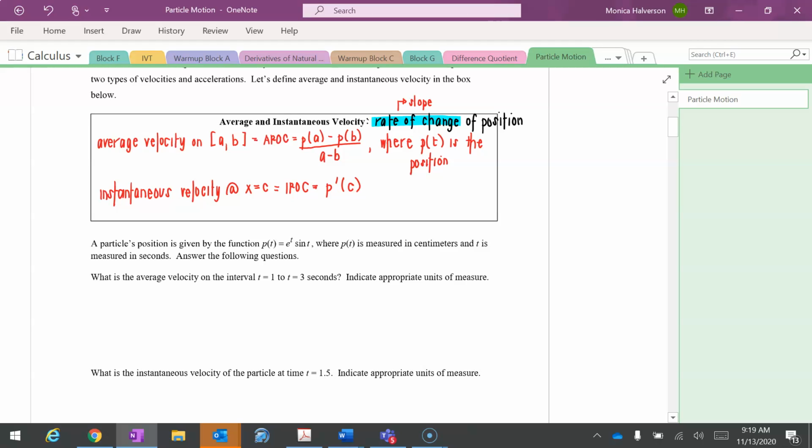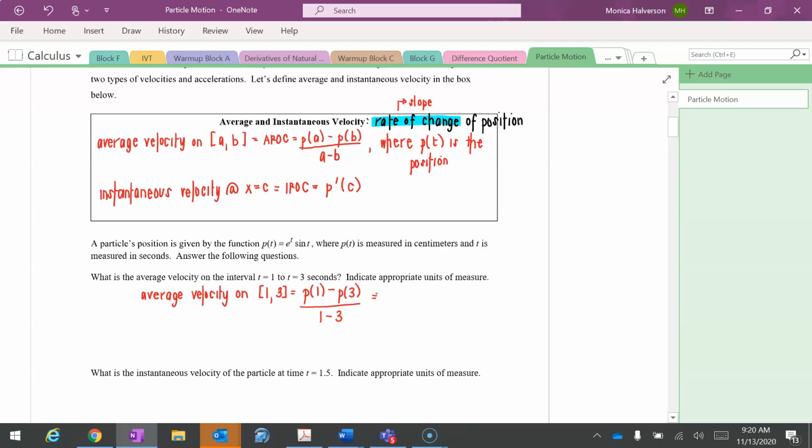If we're being asked to find the average velocity, we're looking at AROC, and it's on the interval from 1 to 3. So it's going to be P of 1 minus P of 3 all over 1 minus 3.